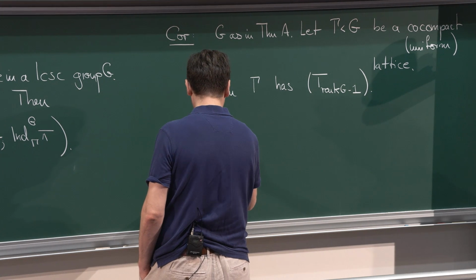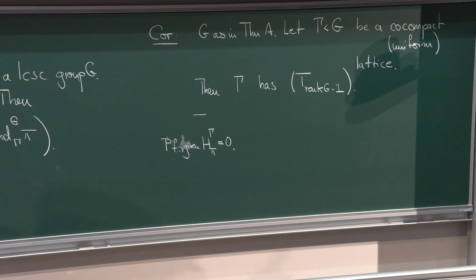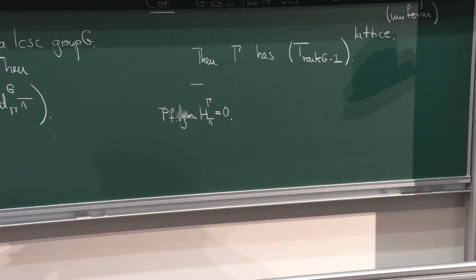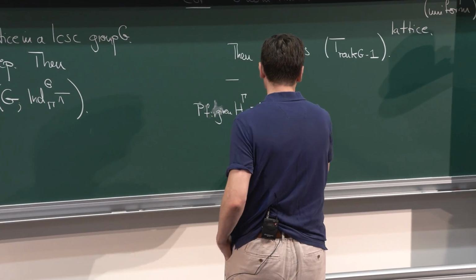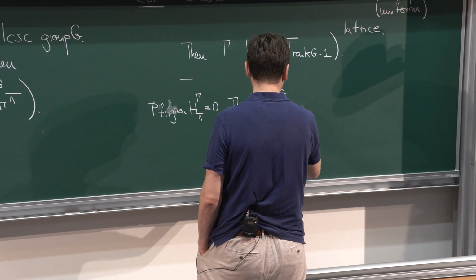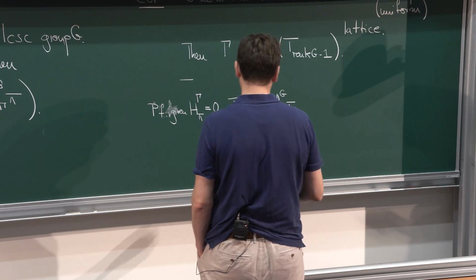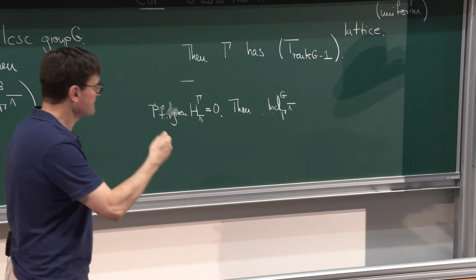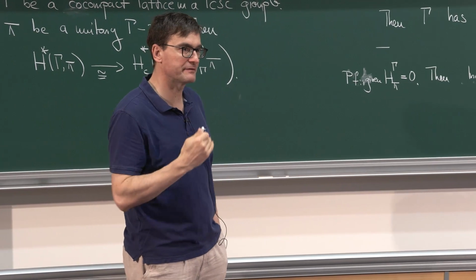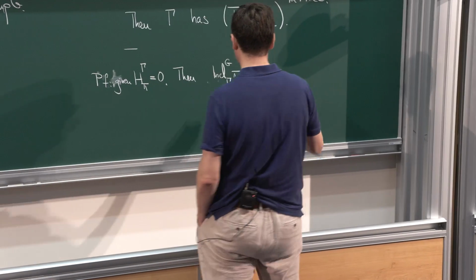So given pi, a representation without invariant vectors, because we're talking about this kind of property T. And then if you induce it, and I think we discussed this already, somehow the G invariant vectors of the induction are isomorphic to the gamma invariant vectors of pi. So also the induction has no G invariant vectors.